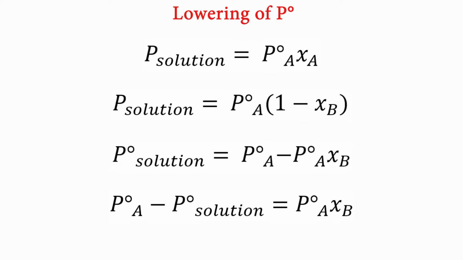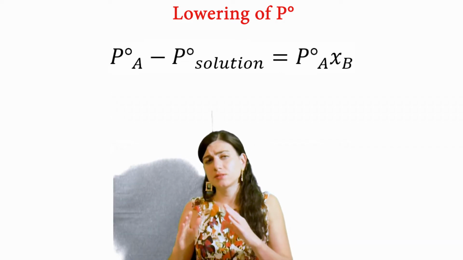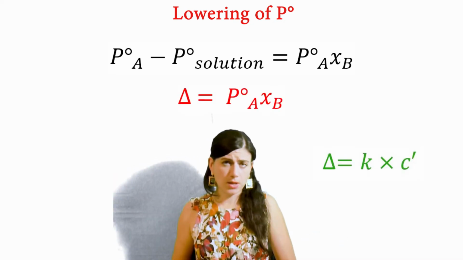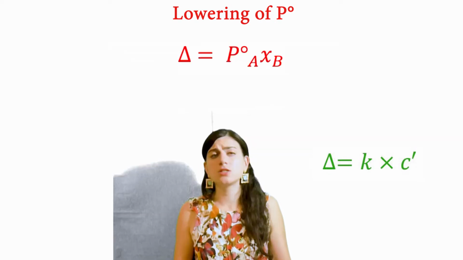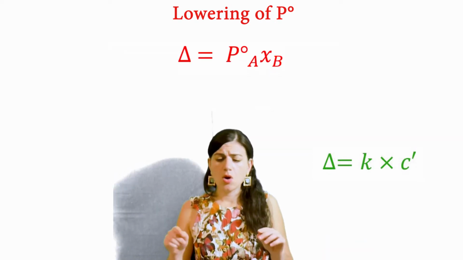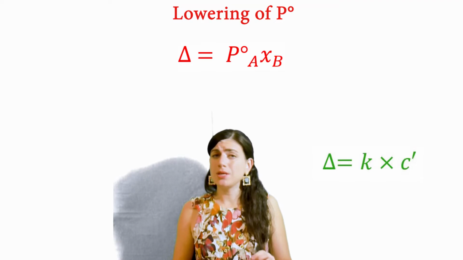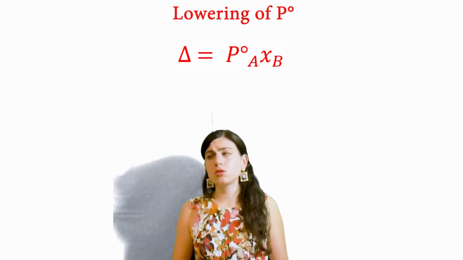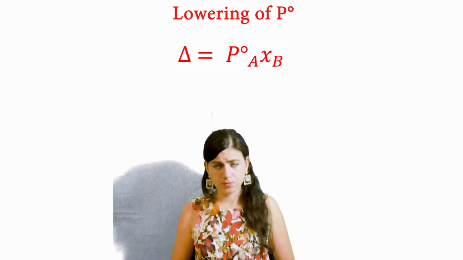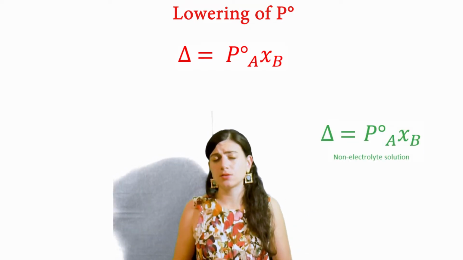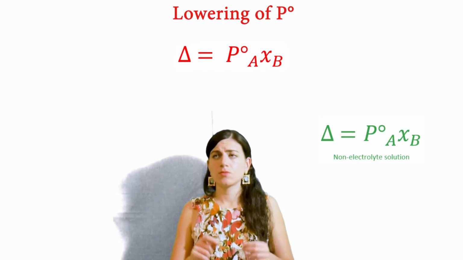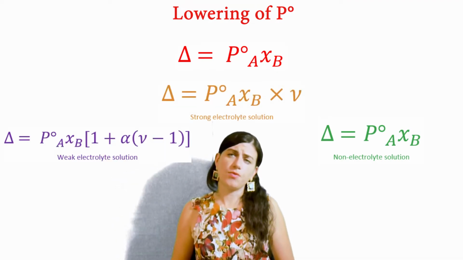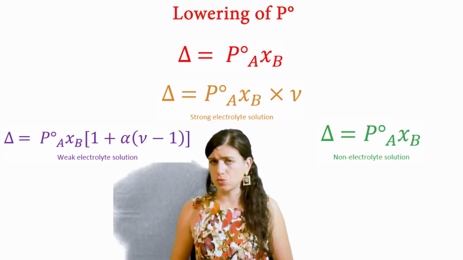If we call this difference delta, we are back to our basic equation I gave you at the beginning of this video. Like the general equation, this one will also be split into 3 different equations according to the solution we have. So, non-electrolyte solution, strong electrolyte solution, and finally weak electrolyte solution.